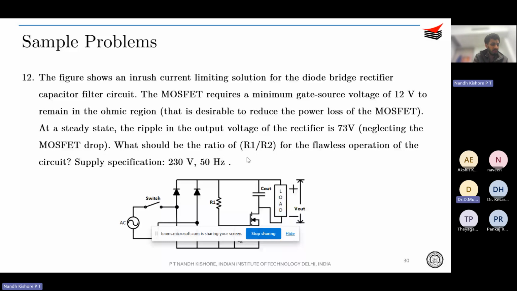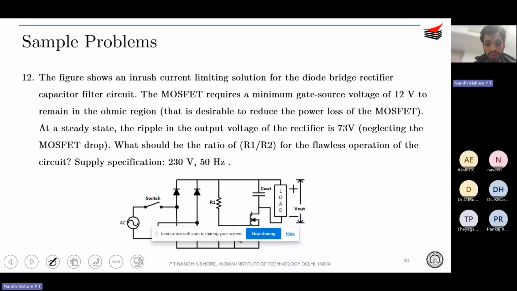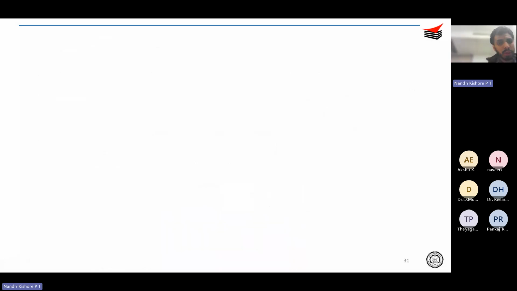Okay. So the question may seem difficult, but it's quite simple. I'll just take a new slide for us to solve. Anyway, so what have they told? What they have mentioned is the MOSFET requires a gate source voltage of 12 volts to remain in the ohmic region. Of course, you know that MOSFET can operate in three regions, correct?